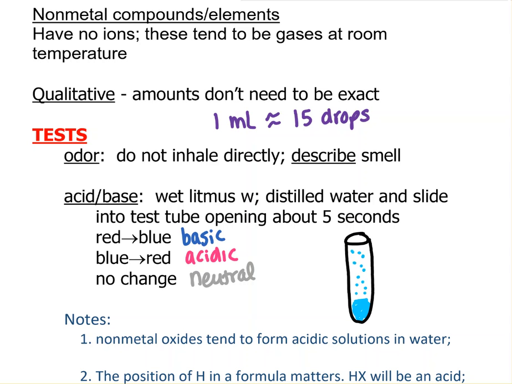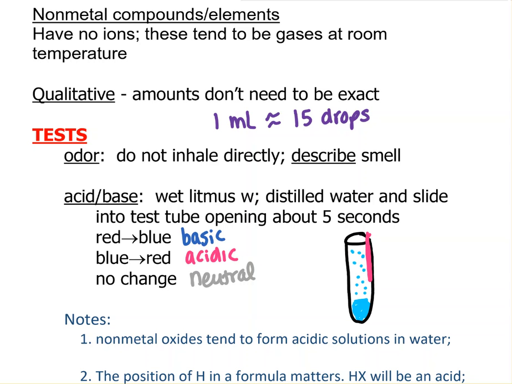And when we use our litmus paper, we're putting a wet piece of litmus paper, wet with distilled water, and we're going to just slide it down the side. That way when the gas bumps into it, it will dissolve slightly in that water, and that's where we'll see our color change if we have a color change.